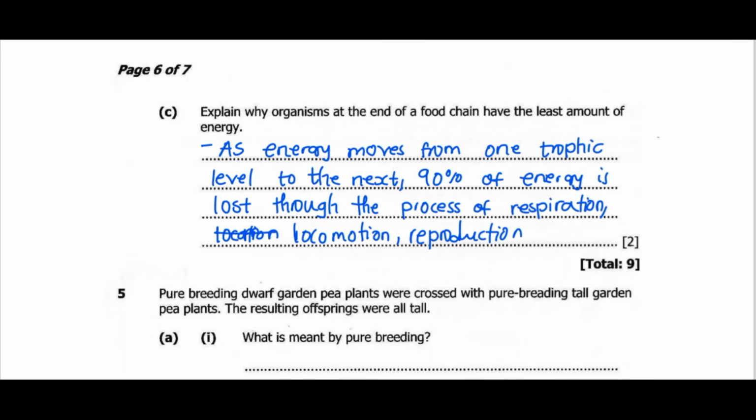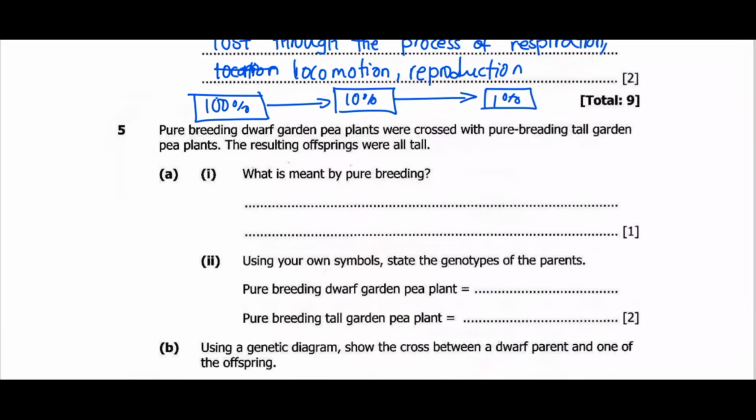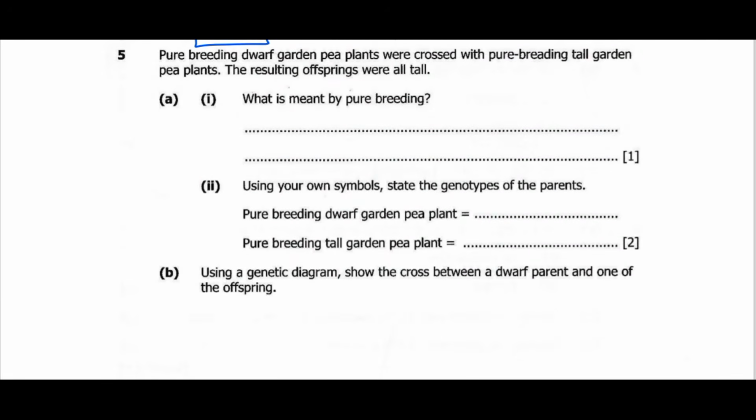So if the producers have, let's just say, 100% of energy, then the primary consumer will have 10% of it. Then from the primary to the secondary, only 10% of it, so we are going to have 1%. So this is the reason why there is a reduction in energy. So 90% of it is lost.